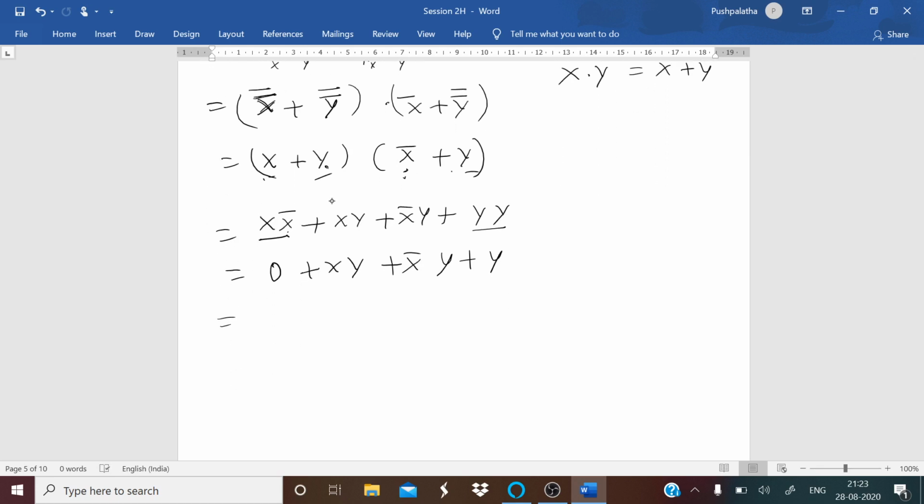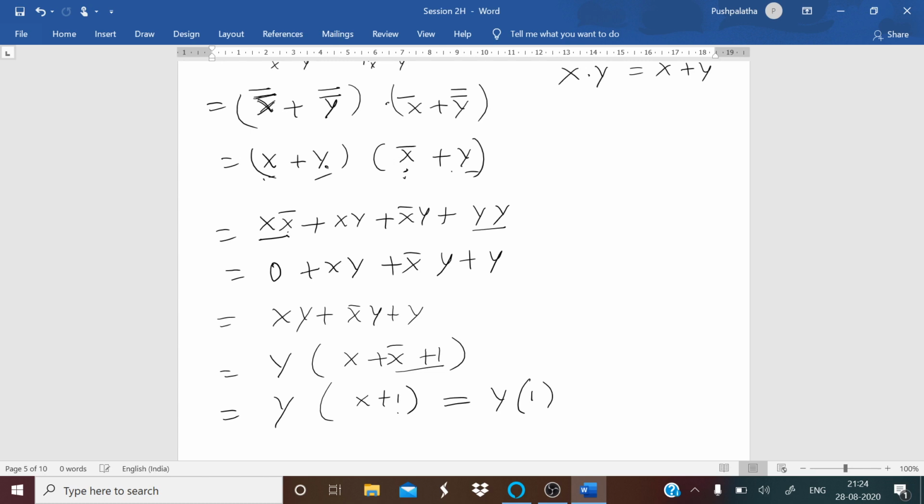Right? So this becomes xy plus x bar y plus y. What is the common factor in this? It is y and x plus x bar plus 1. So this becomes x bar plus 1 is 1. Again y into x plus 1 is 1. The answer is y. Okay.